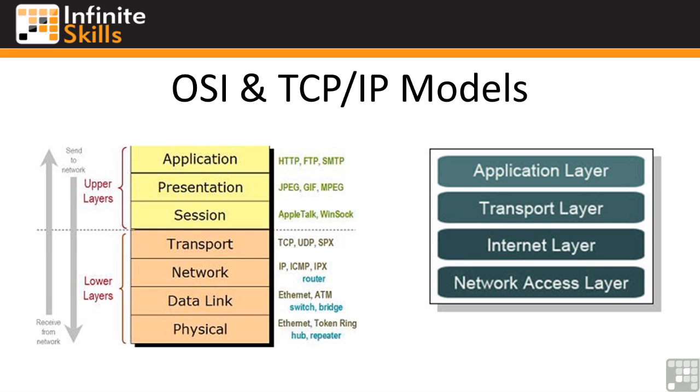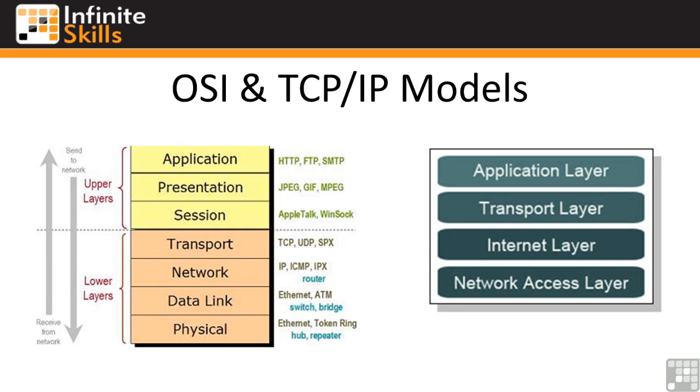Now, in the TCP/IP model, we have the network access layer on the bottom of the stack, and these are called stacks, and you'll often hear people talk about protocol stacks. These are stacks because the different layers stack on top of each other. So at the very bottom of the TCP/IP model, which is on the right-hand side here, we've got the network access layer.